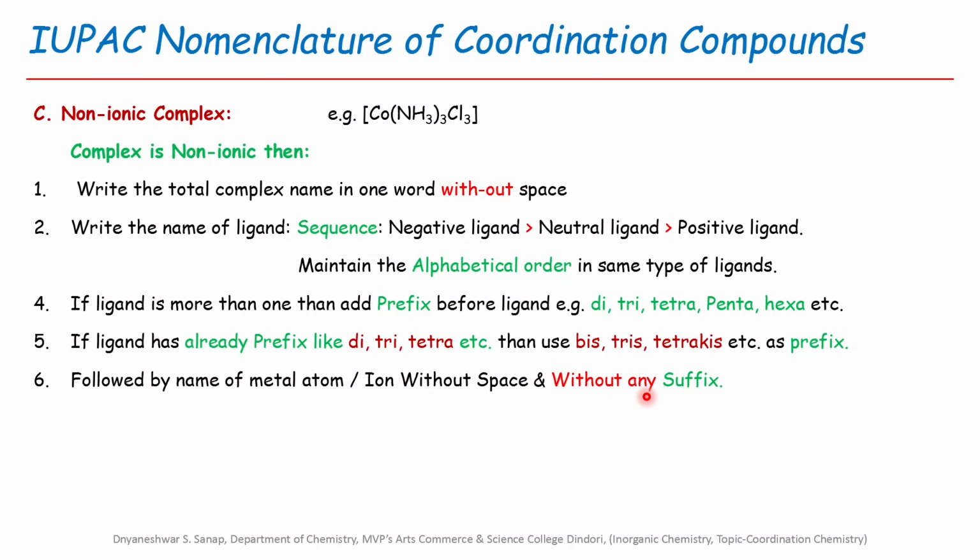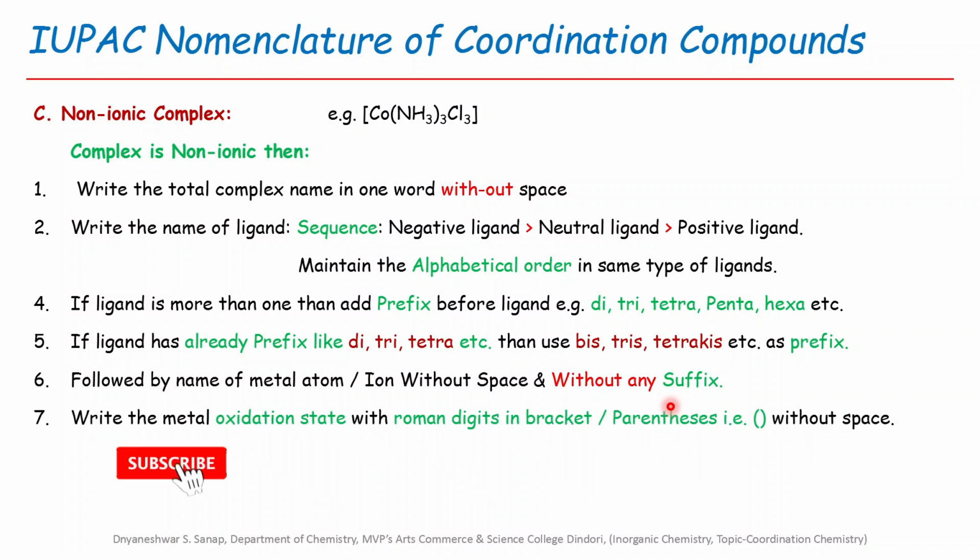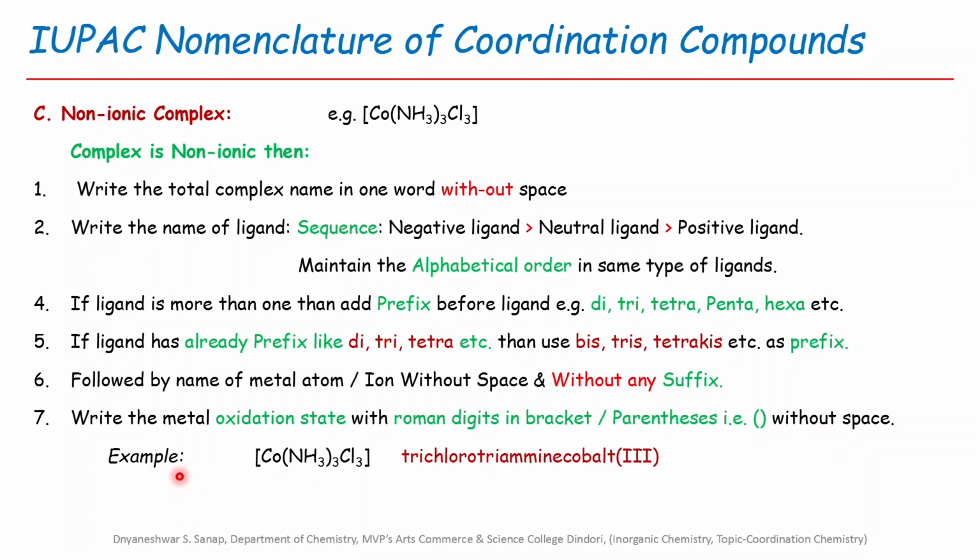That means after writing the name of ligand, we have to write the name of metal atom directly without writing any kind of suffix, that is ATE or IUM, as in the cationic or anionic complexes. The seventh important point is to write the metal oxidation state with Roman digits in brackets or parentheses without space. And the example is Co(NH3)3Cl3.